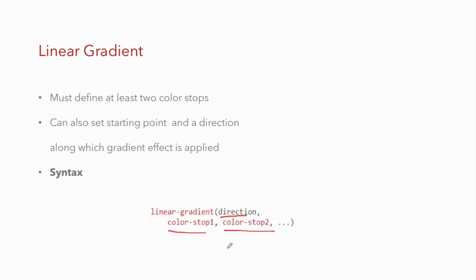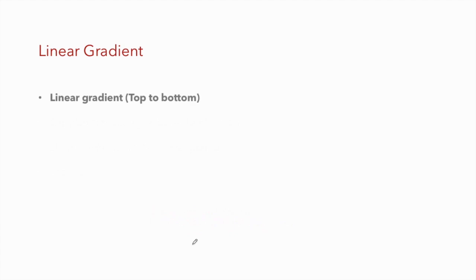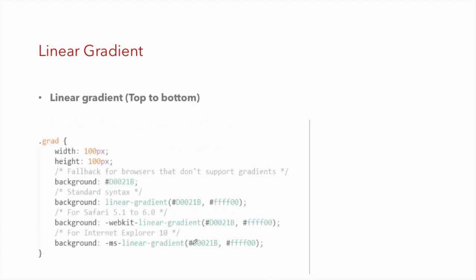Color stops are nothing but the normal color codes which we write in RGB or hexadecimal formats. So here is one example. By default, the gradient will move from top to bottom. So this is going to be in this direction.